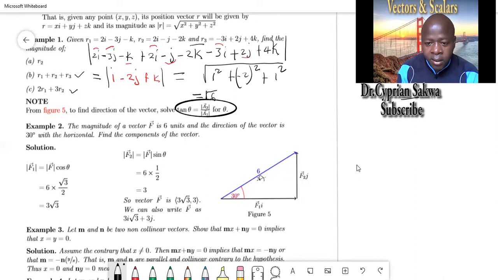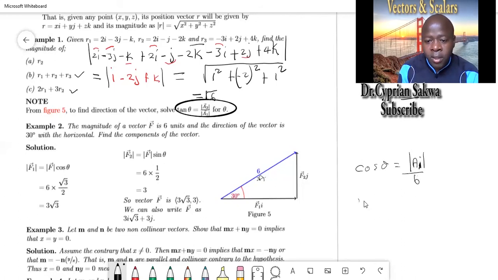And you remember that we had said cos theta is the x component over the hypotenuse, which is 6.